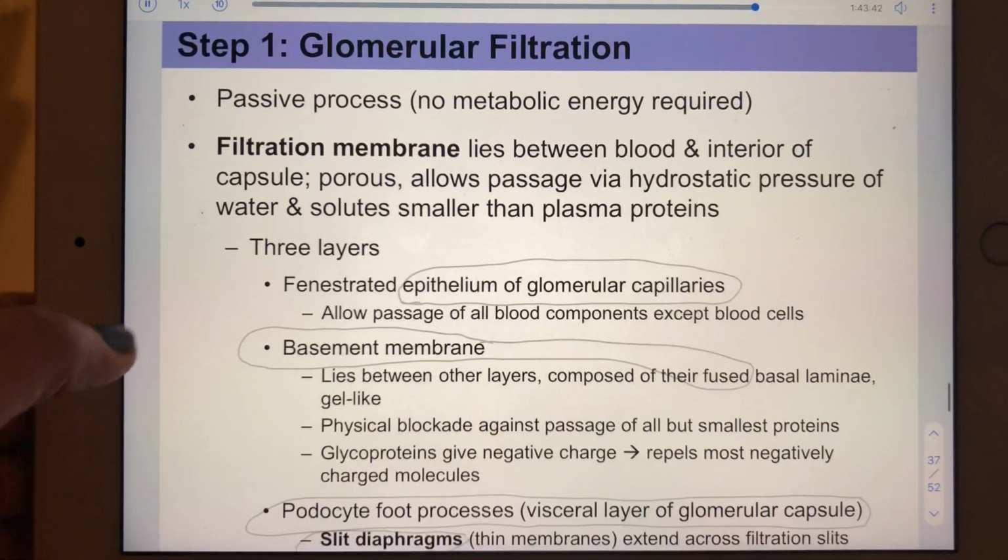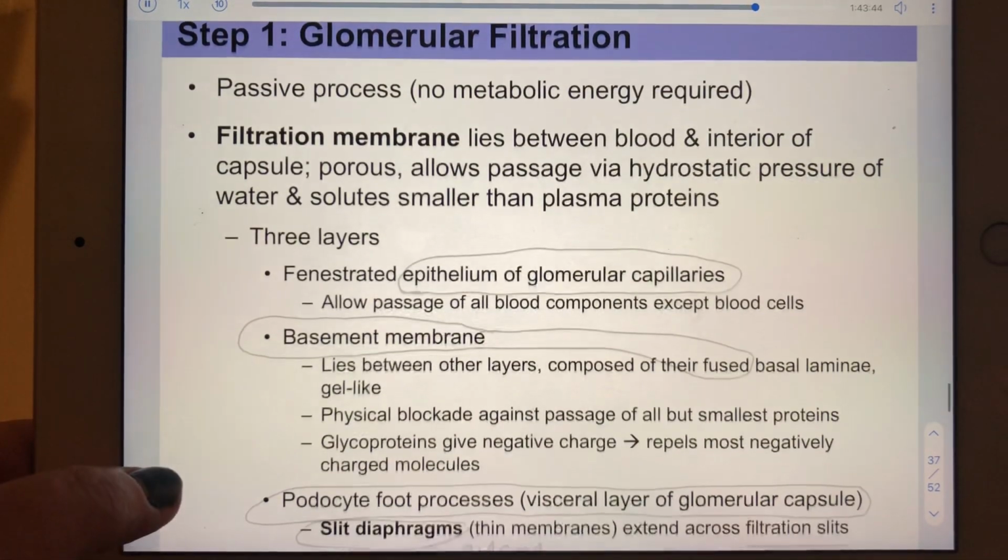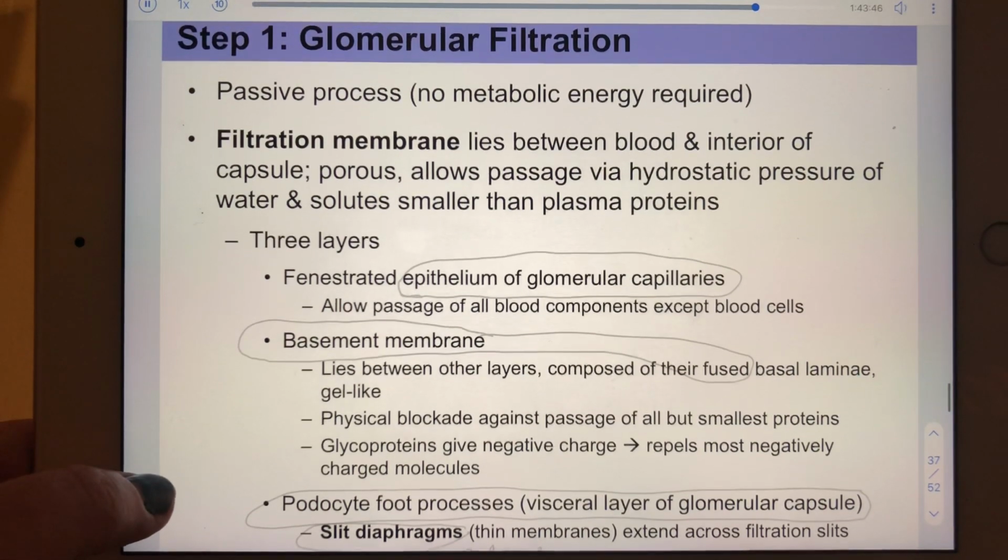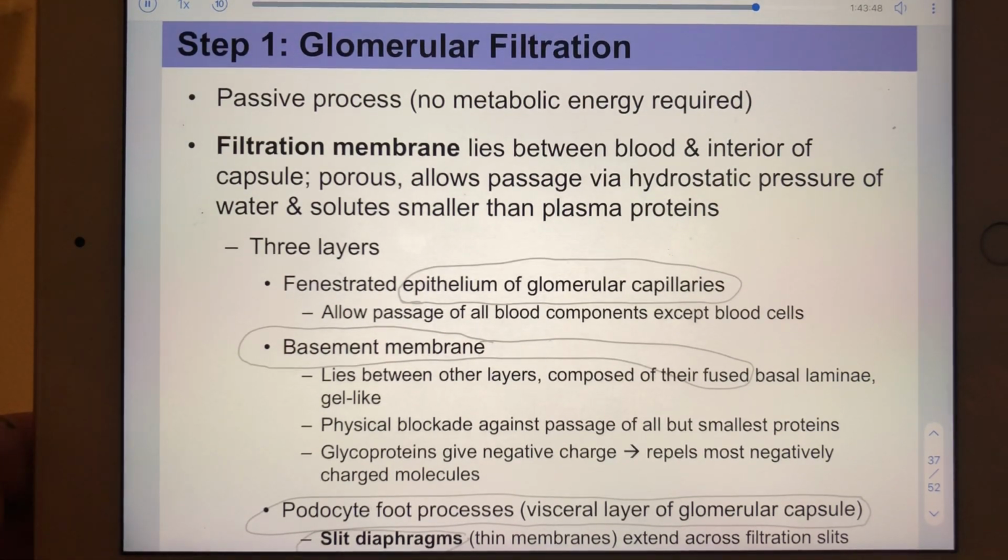Glomerular filtration doesn't require any ATP. It's passive, okay? Which might surprise you because I just mentioned that nephrons are big spenders. They require a lot of oxygen.